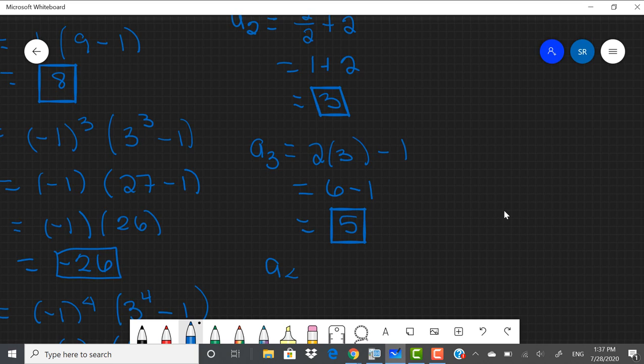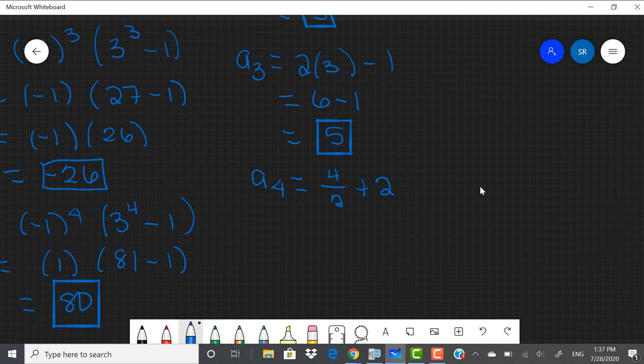And then for my last term, my fourth term, this is even, so I go back and use the even equation. So n, which is 4, over 2 plus 2. So 4 over 2 is the same as 2. So 2 plus 2, this equals 4.